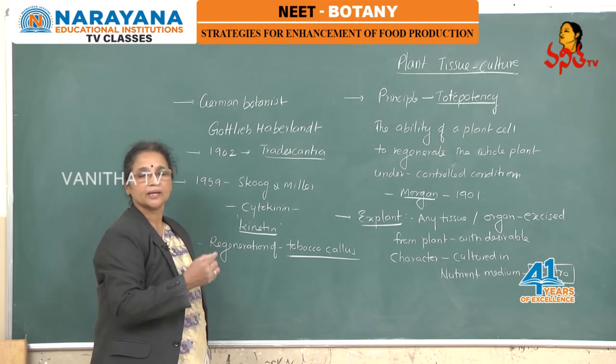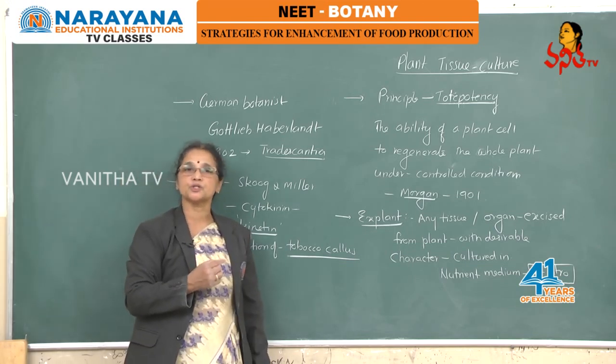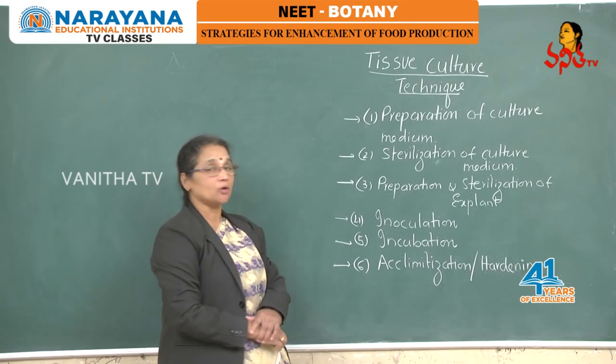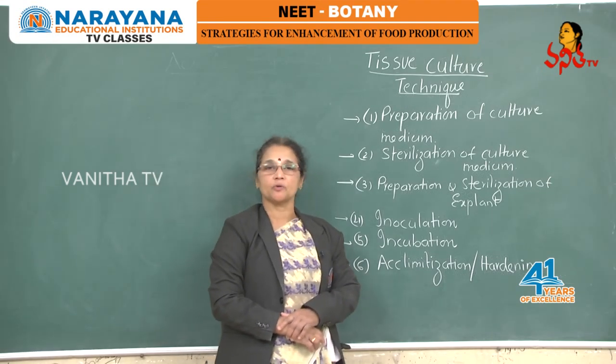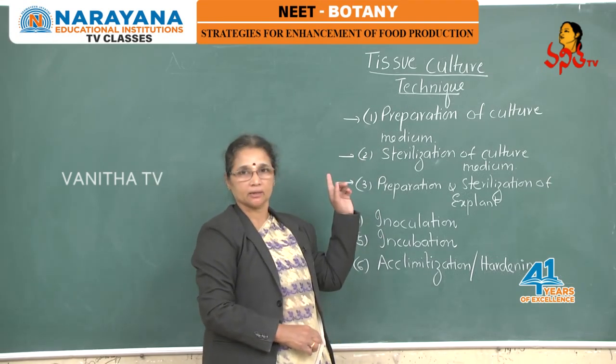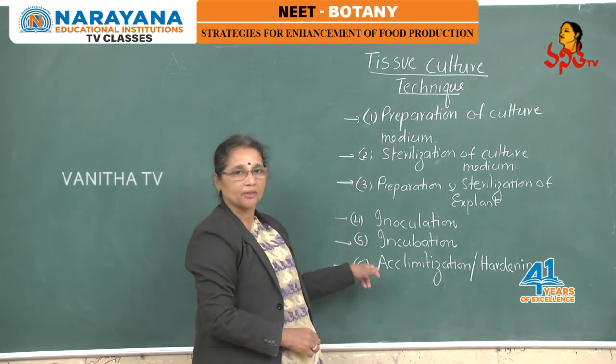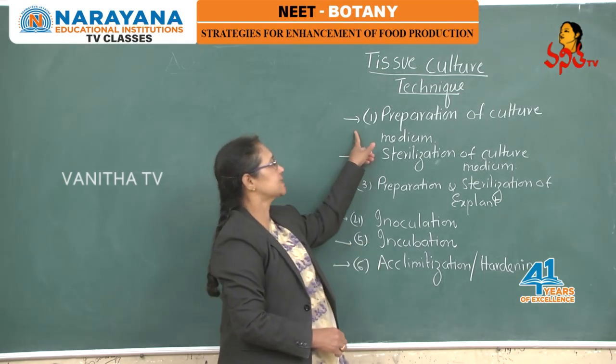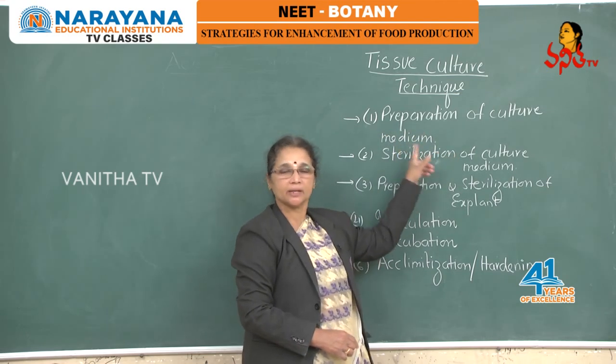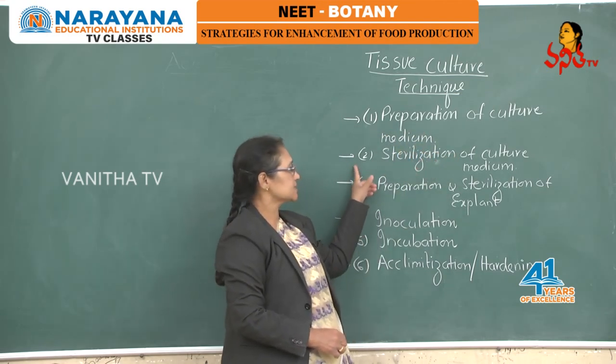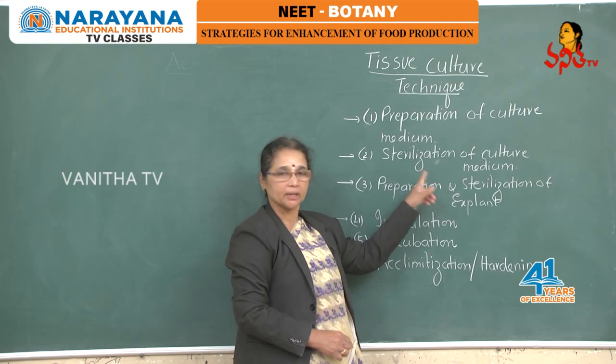Right. Now let us see what are the main steps involved in the tissue culture technique. The first one is preparation of culture medium, and second one is sterilization of culture medium.